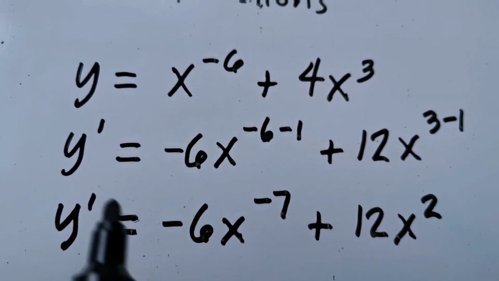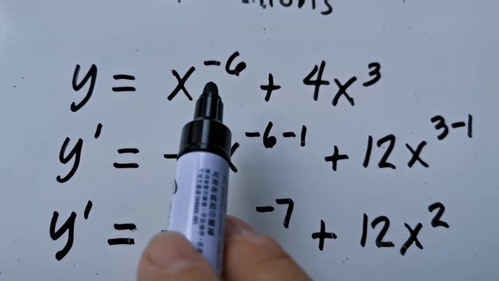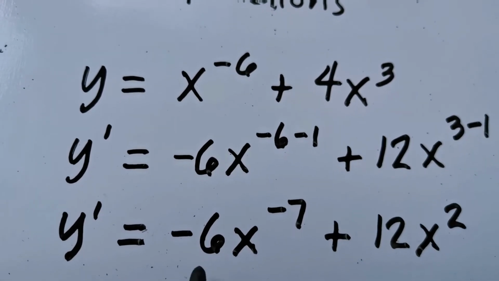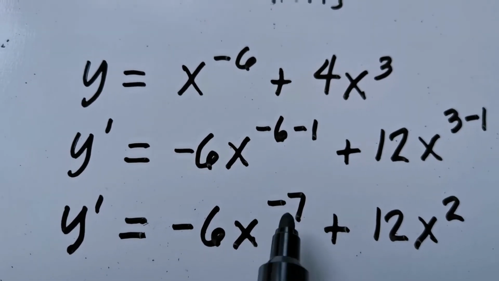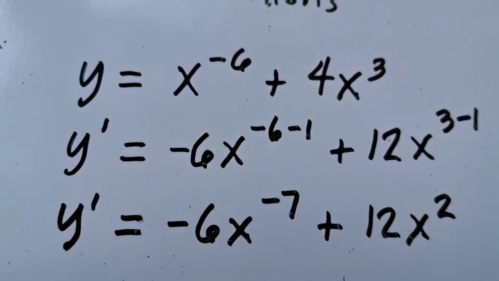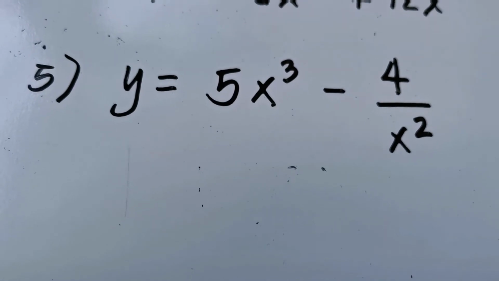Therefore, the derivative of x to the negative 6 plus 4x cubed is equal to negative 6x raised to negative 7 plus 12x squared.